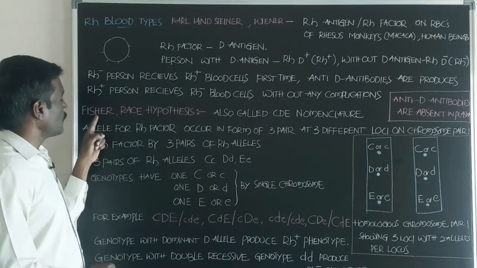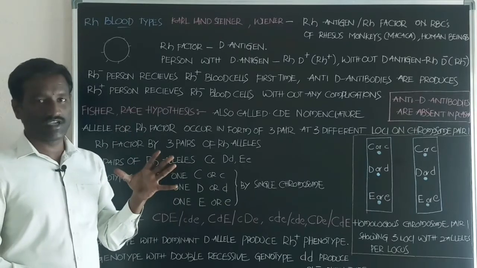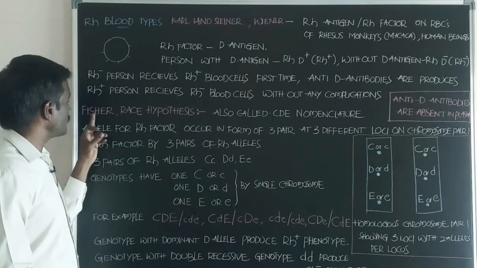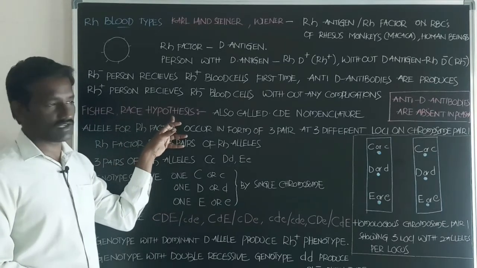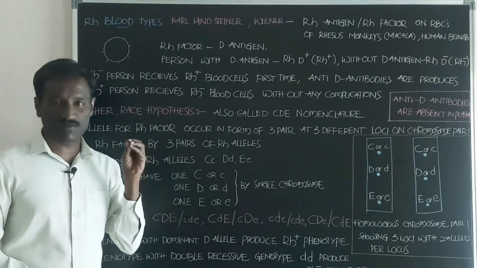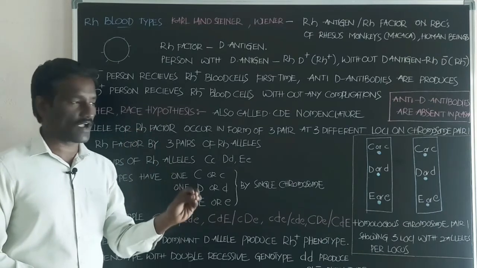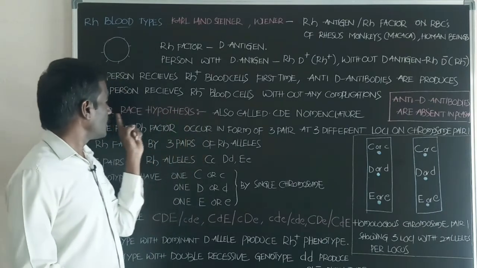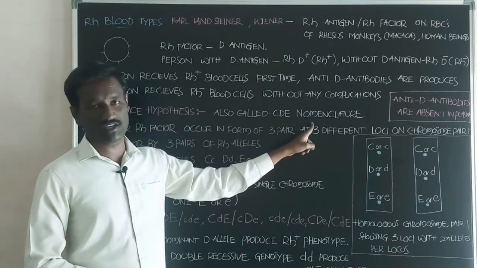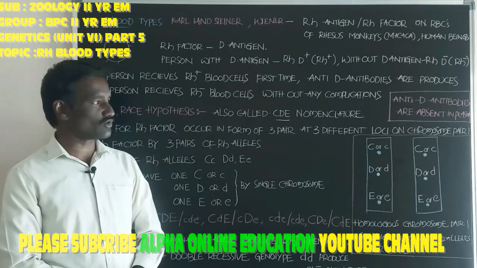It is explained by one hypothesis about the genetic control of the Rh antigen, that is Fisher-Race's hypothesis. Fisher and Race, two scientists, gave this hypothesis about the genetic control of the Rh factor, also called CDE nomenclature. What about the CDE? CDE nomenclature, it is also called.